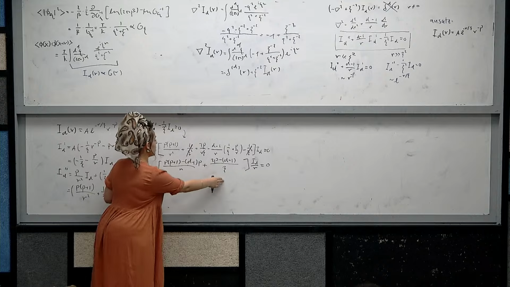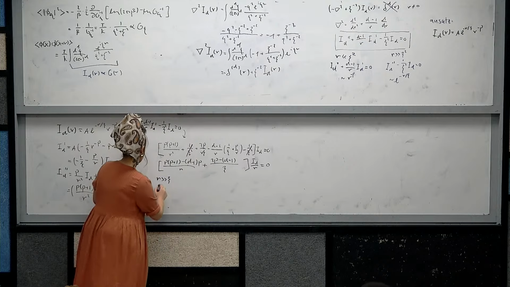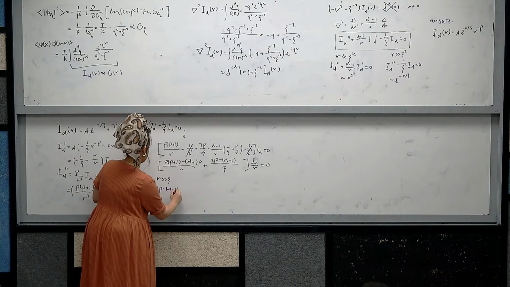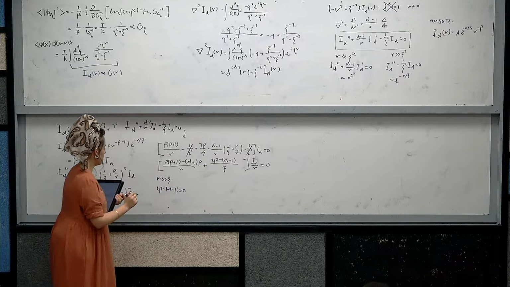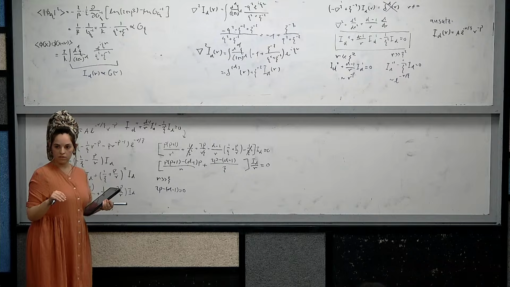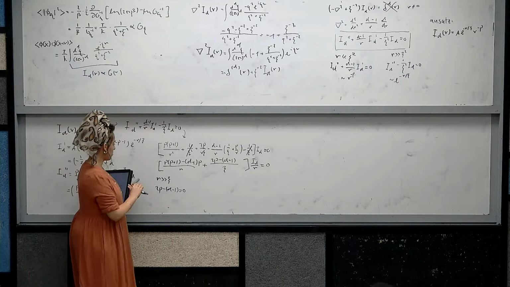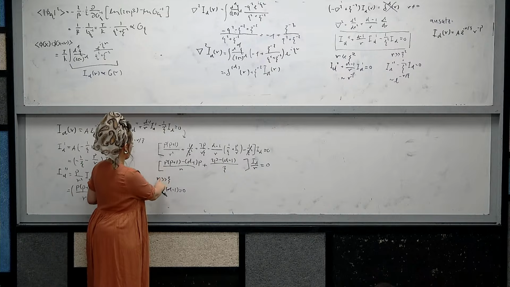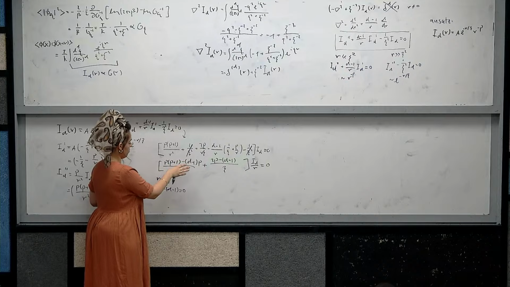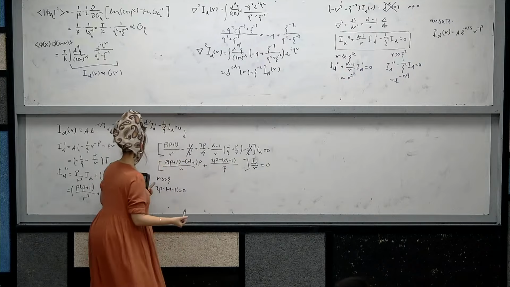Then this term is the dominant one. So we have 2p minus d minus 1 equals 0. Is it clear why? It's because r is so large that this term goes to 0 compared to this one, and then the equation is on this one.